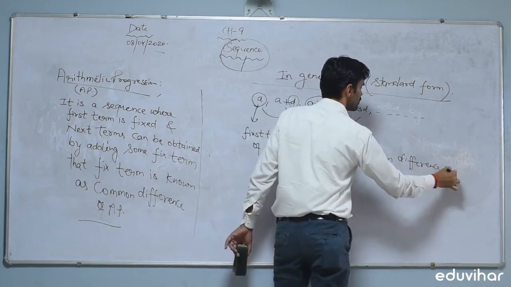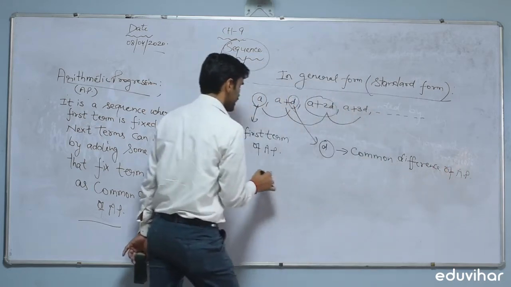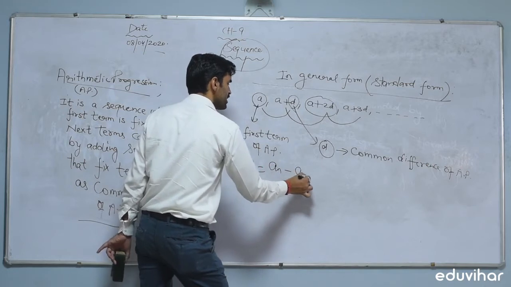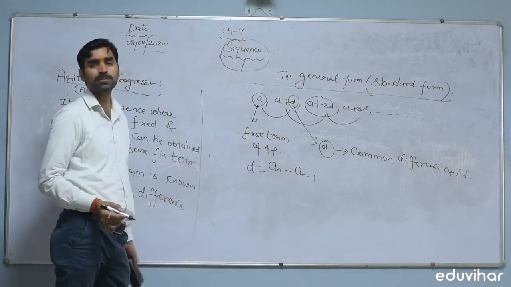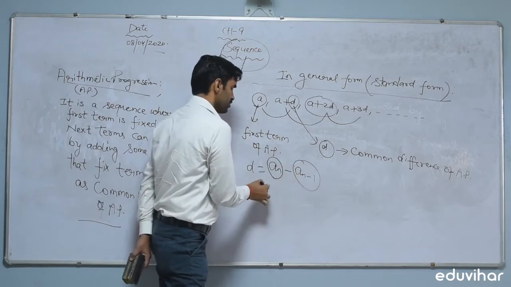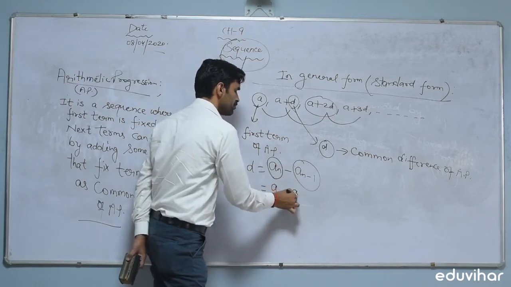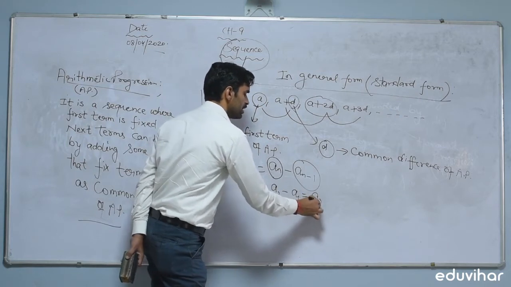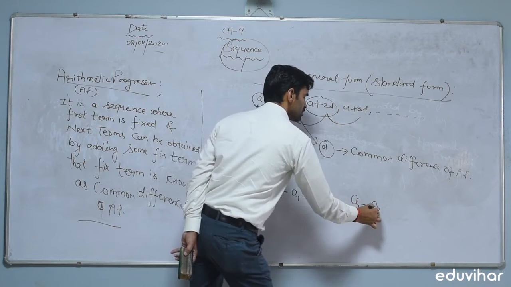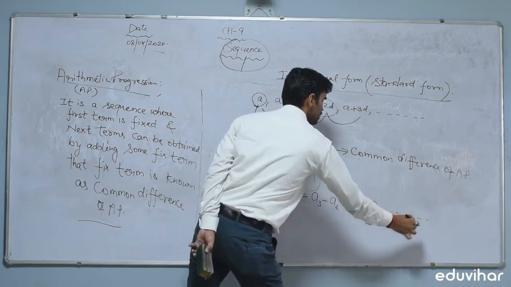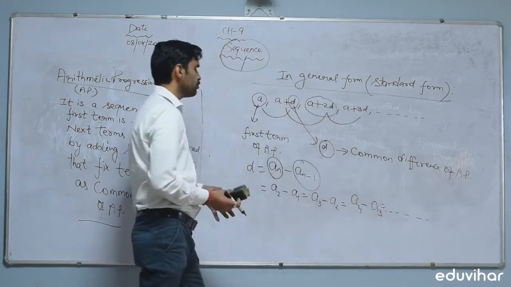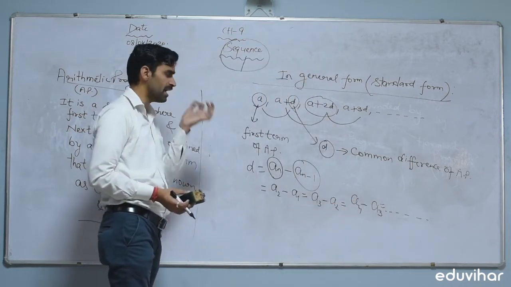You can say the common difference is the difference of any term to its preceding term. If you take the nth term minus its preceding term, or the second term minus the first term, or the third term minus the second term, or the fourth term minus the third term, in this way you can obtain the common difference of the AP.